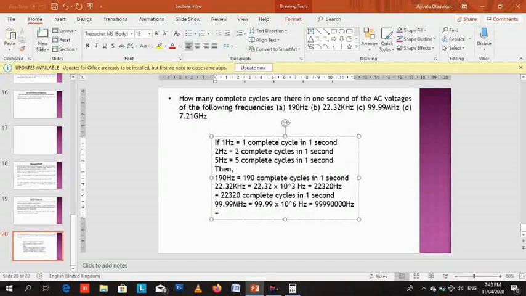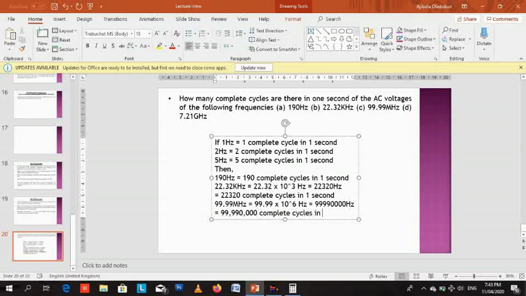So that is 99,990,000 hertz. So that is 99,990,000 complete cycles in 1 second. That is 99 megahertz. This is the range of frequency that you have for radio stations.